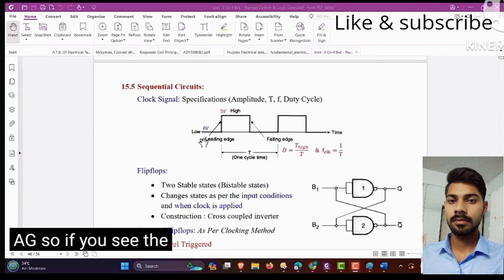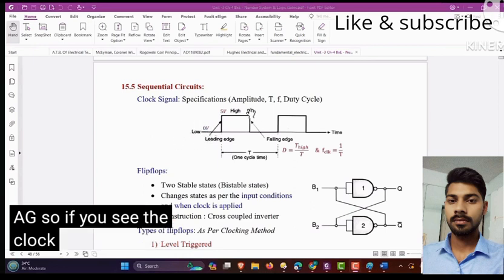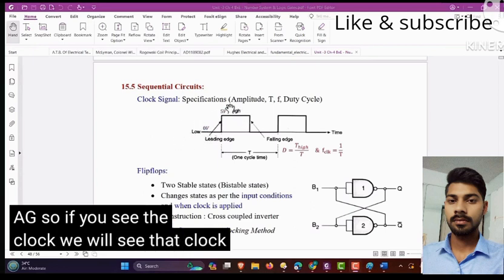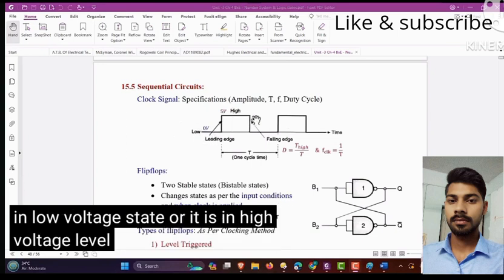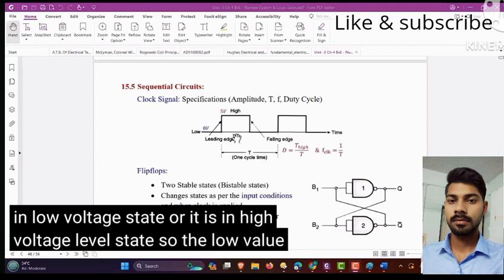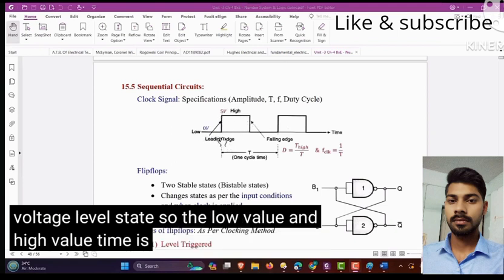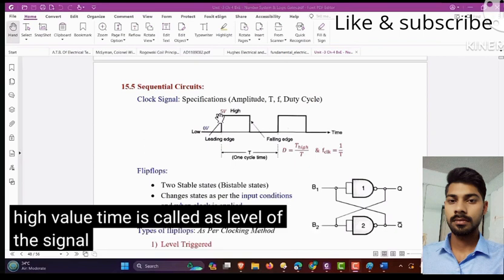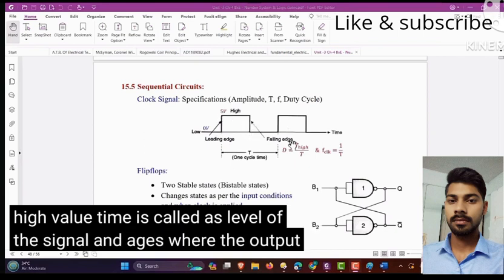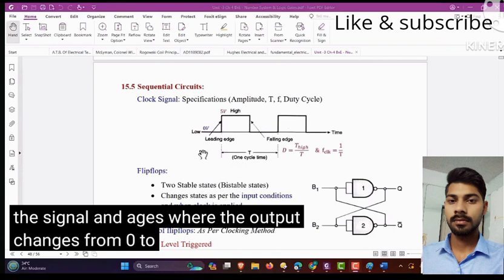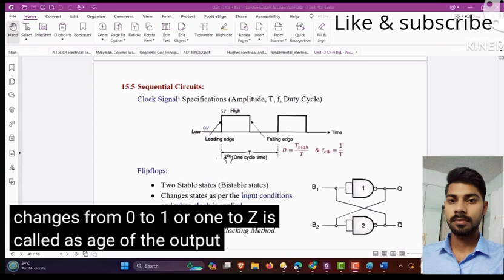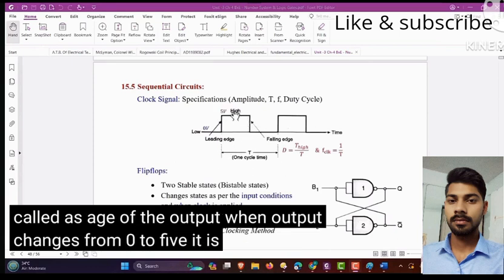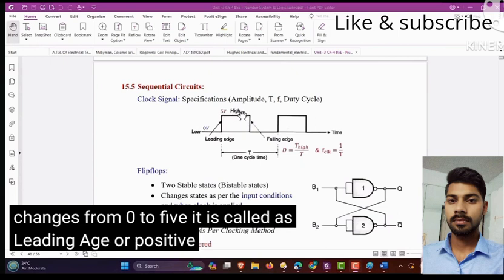So if you see the clock, we will see that clock is either in low voltage state or it is in high voltage level state. The low value and high value time is called as level of the signal, and edges where the output changes from 0 to 1 or 1 to 0 is called as edge of the output. When output changes from 0 to 5, it is called as leading edge or positive edge.